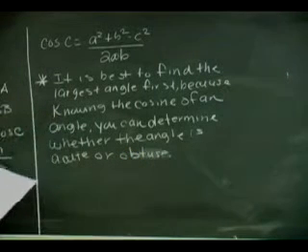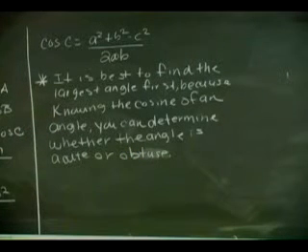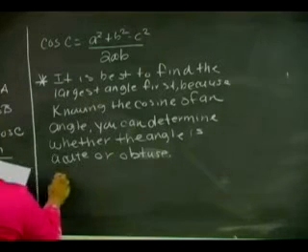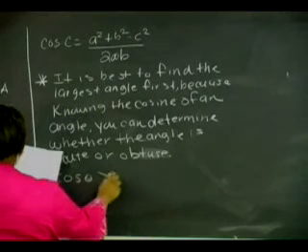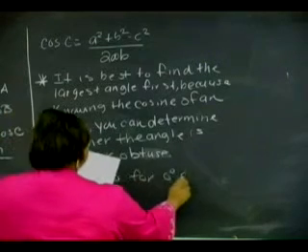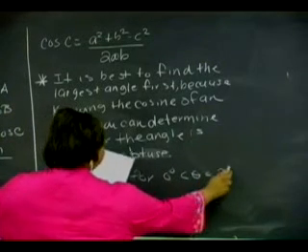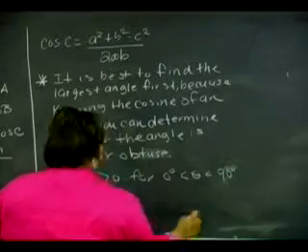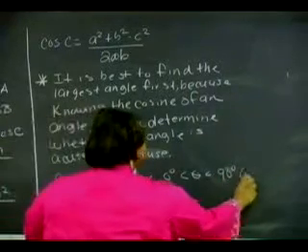Okay? And we know that acute angles range from what? 0 to 90. So, cosine is greater than 0 for angles ranging from 0 to 90 degrees, which means what? The acute situation.